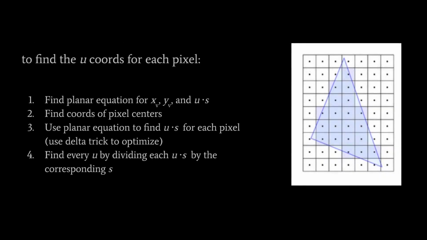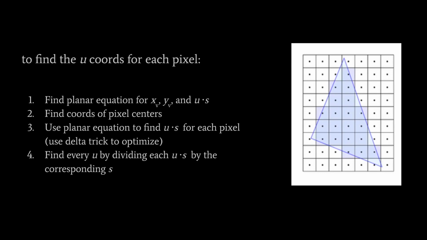So then, to find the U coordinates for each pixel, we find a planar equation for x and y of the view plane with U times the scaling factor, instead of just a scaling factor like we did before. We find the coordinates of the pixel centers, and then we can use the planar equation to plug in x and y for each pixel center to find the corresponding U times S for each pixel. Though again, we can use the same delta trick to optimize.